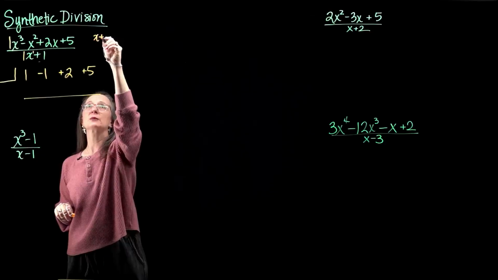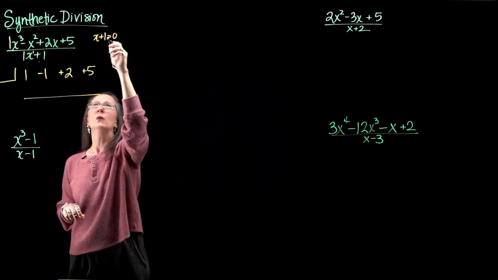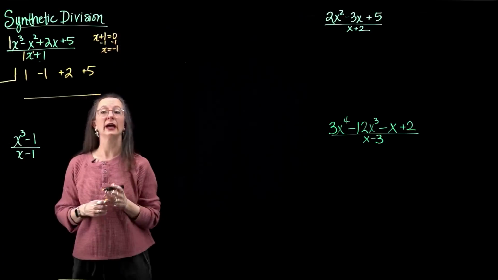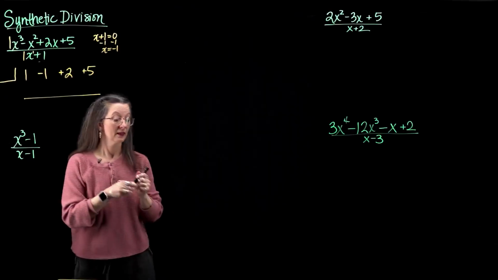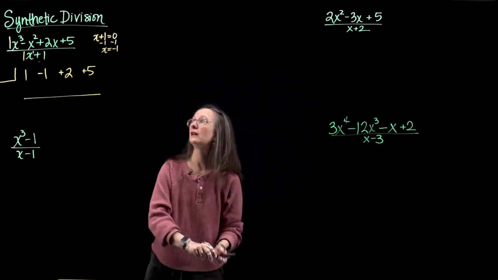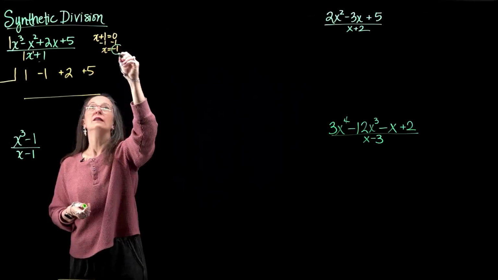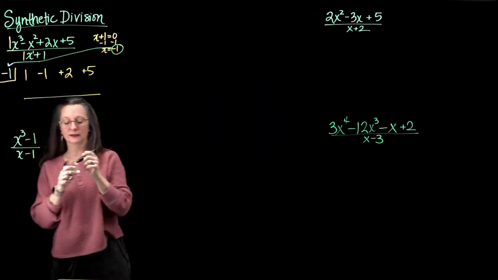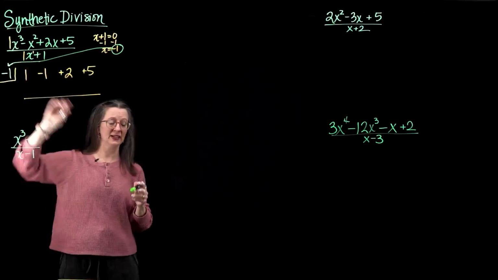To make x plus 1 equal 0, I would subtract 1 from both sides, and I get x equals negative 1. That tells me negative 1 is what's going to go in this little magic box on the left-hand side.